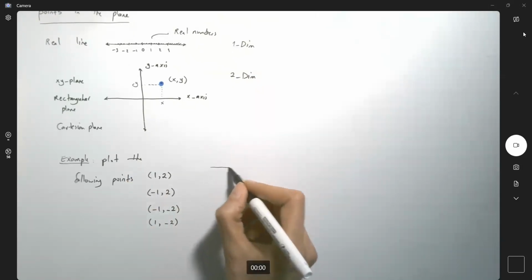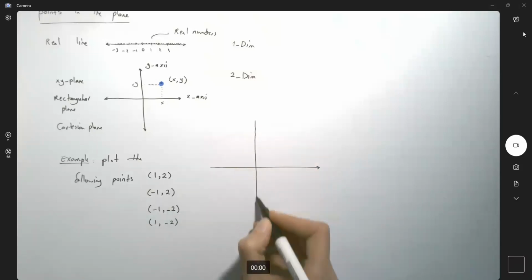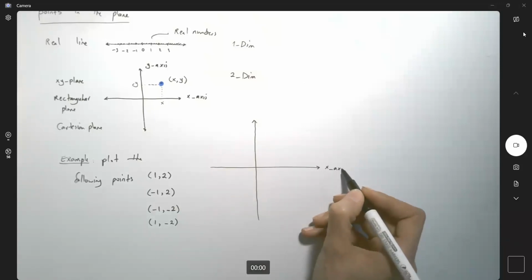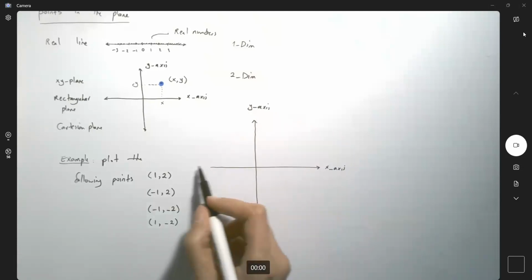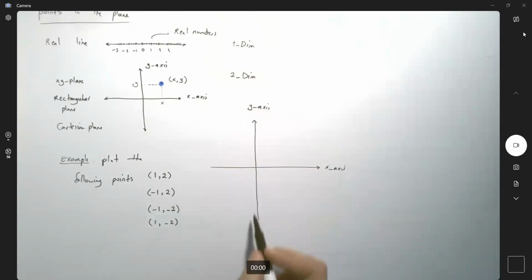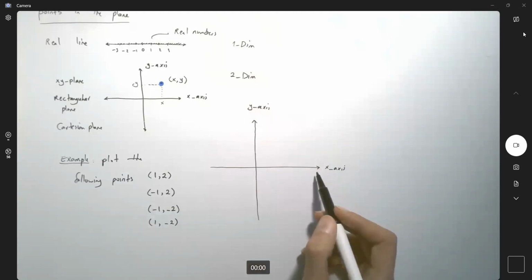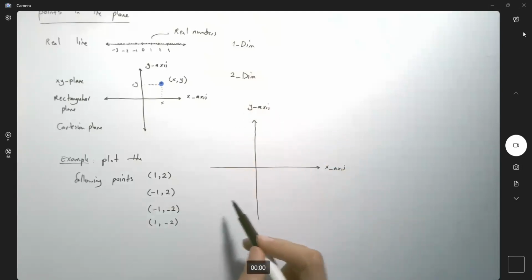We're going to say that I have X and Y, so I need the XY plane, or rectangular plane, or Cartesian plane. I need to have an X-axis and also a Y-axis. Just note that these two perpendicular lines together divide up the plane into 4 sections.